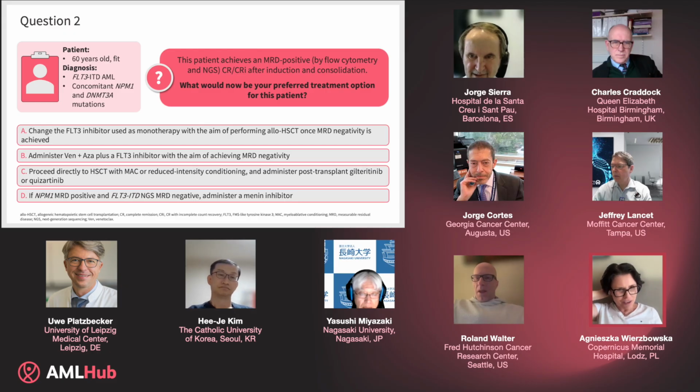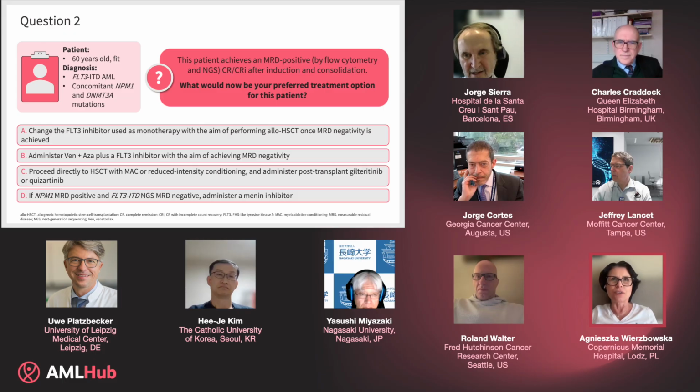If I recall correctly, only Richard Feng presented the data regarding quizartinib post-transplant maintenance and MRD, but they are not published yet. And there was also the suggestion that patients with MRD positive disease may benefit from quizartinib maintenance.